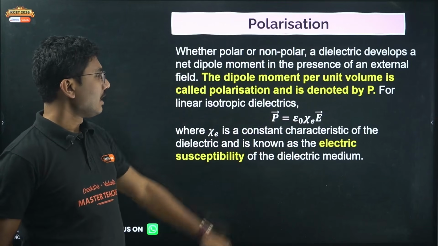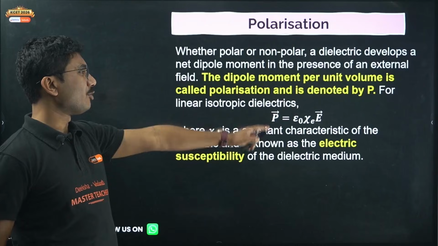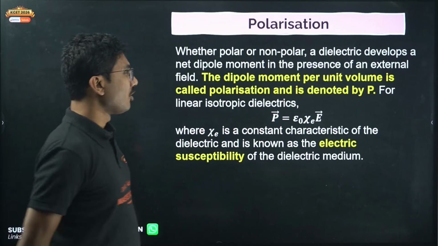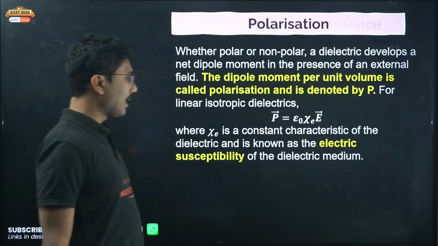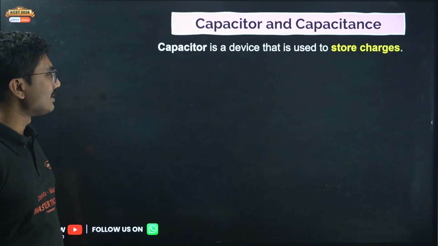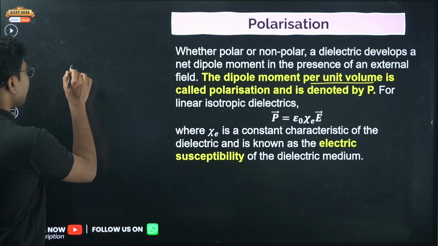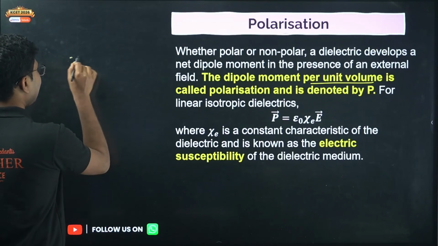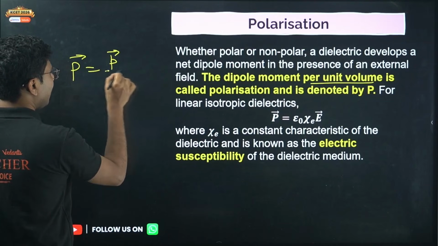And this is dipole moment per unit volume. Net dipole moment per unit volume. Very important. So there might be one case they might ask you what is the dimension of this quantity. The dimension of P is net dipole moment divided by unit volume.